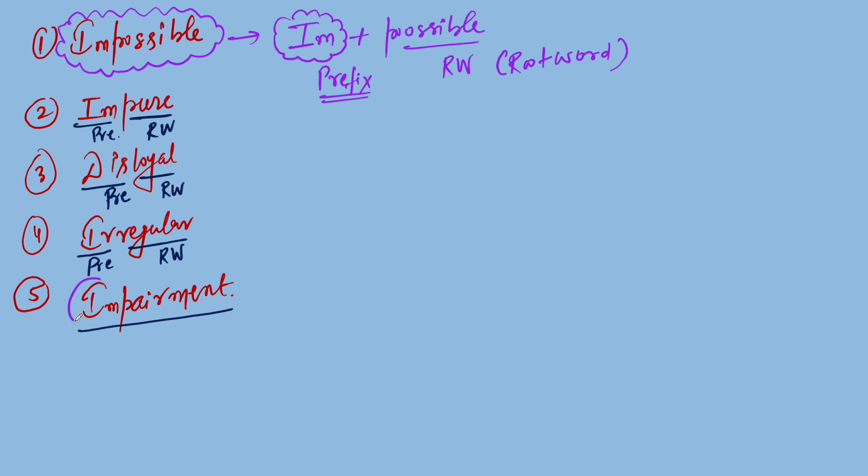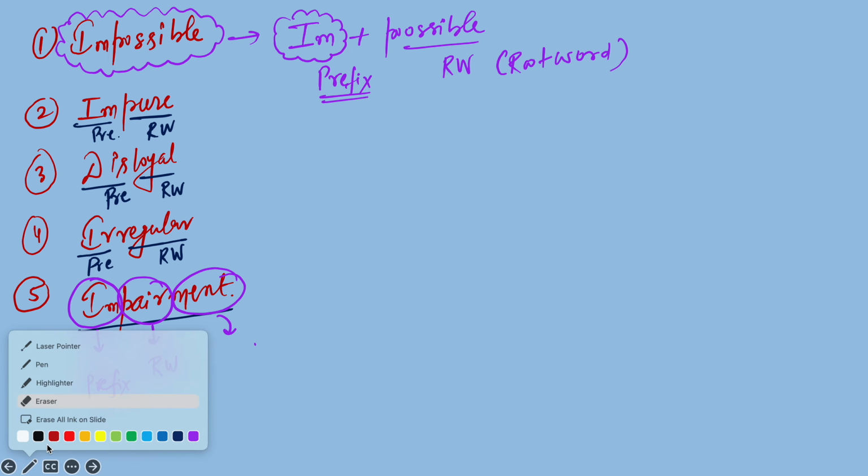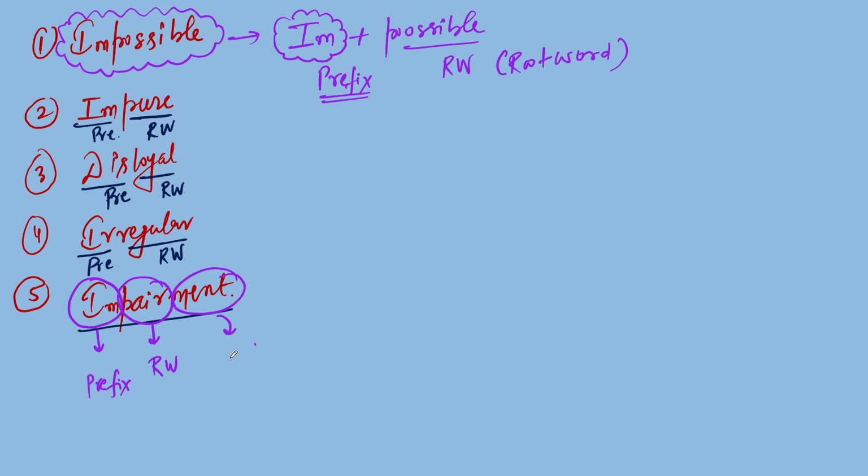Like, as you can see, this is what? This is a prefix. This pair is a root word, and this ment is a suffix. Let me rewrite here. Suffix. So ment is the suffix here, pair is the root word, and this im is a prefix.